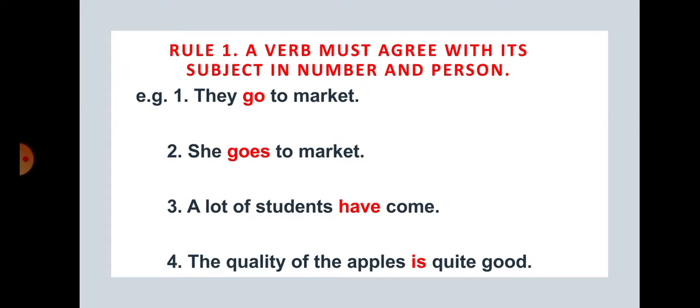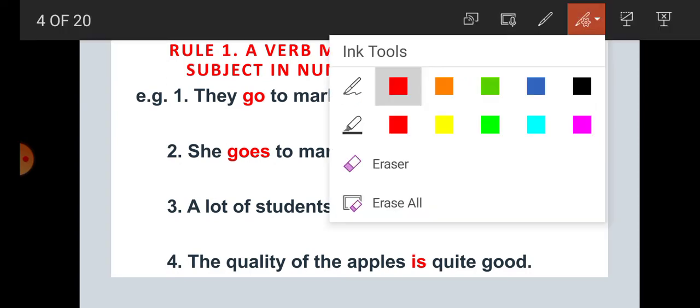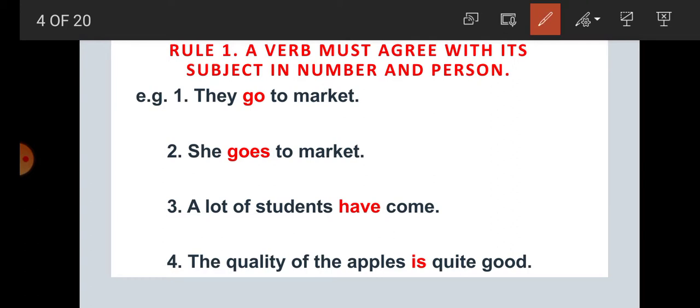Rule number 1. A verb must agree with its subject in number and person. It means here, students, that a verb must be according to the number and person of the subject. For example, number 1. They go to market.